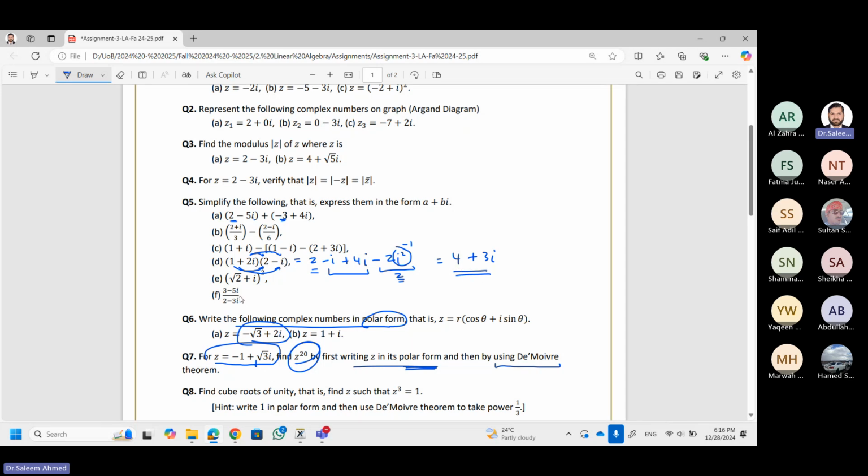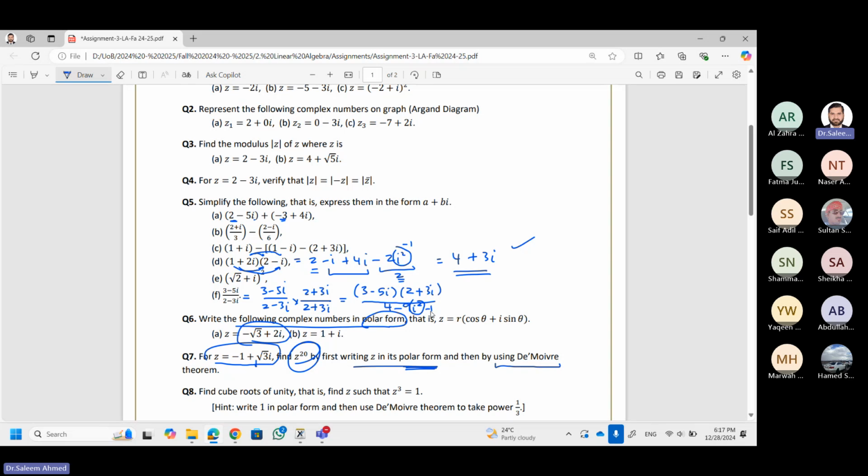Similarly, whenever you divide two numbers, you multiply and divide by the conjugate of the denominator. Just change this 2 minus 3 iota to 2 plus 3 iota. Why do we do that? Because at the top, I will have a multiplication, which I can do very easily. In the denominator, it becomes a square minus b square.